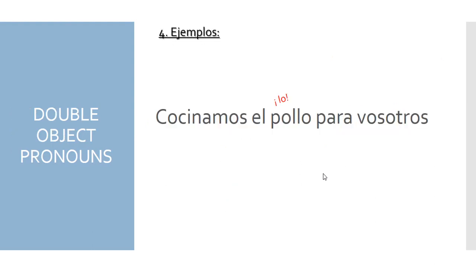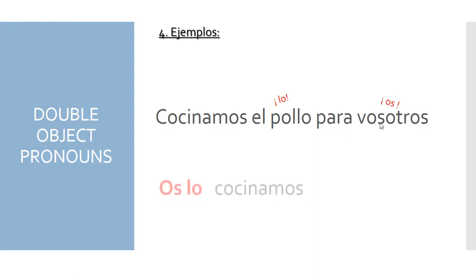Perfect. So, cocinamos el pollo. We cook. We have a verb, we don't have the subject, it's fine. We know that it's we because we see it in the ending. Cocinamos el pollo para vosotros. If we replace this with objects, el pollo is the direct object, we'll replace it with lo. And para vosotros, vosotros we'll replace with os.